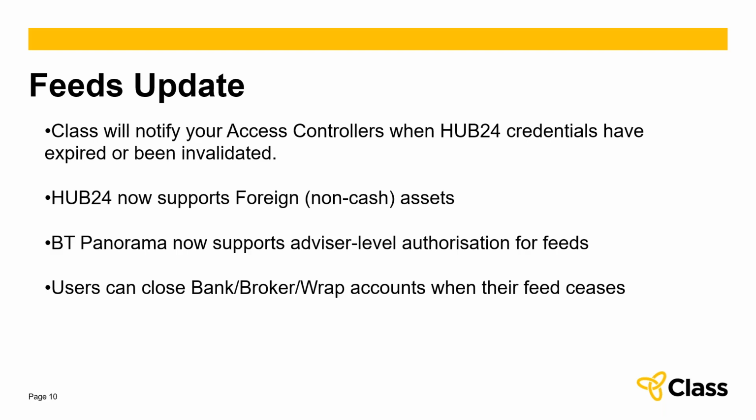HUB24 now supports foreign non-cash assets. BT Panorama now supports adviser level authorization for feeds, and users can close bank, broker, and wrap accounts when their feed ceases. So those are some of the major changes, and there's a lot more feed improvements, a lot of things that happen behind the scenes that you don't see, but these are the major changes.